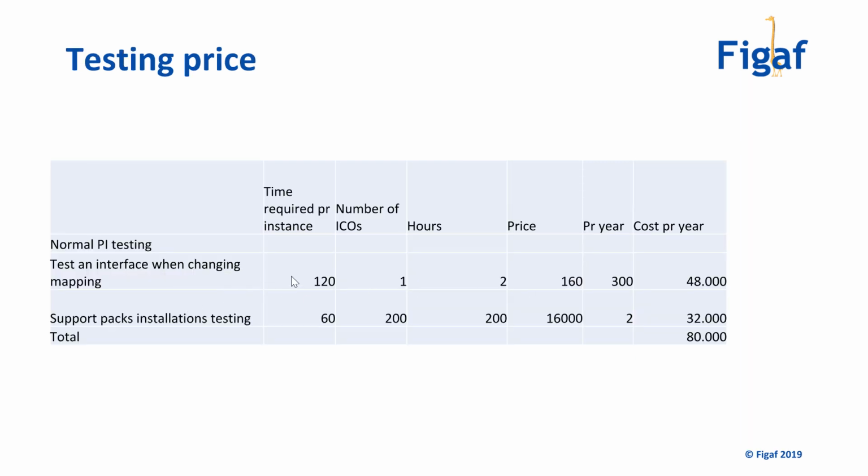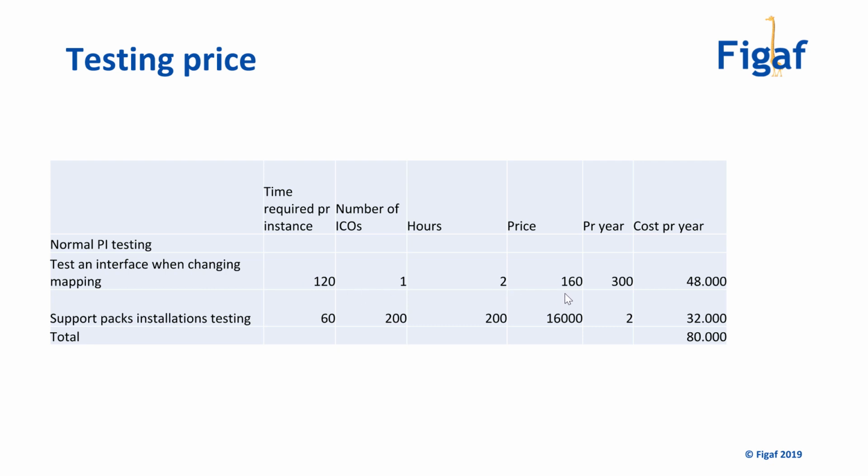So I have estimated that it takes 120 minutes, or 2 hours, to test every time you have an ICO that needs to be changed. I'm not sure if that is too much or too little, but I think it's probably okay.